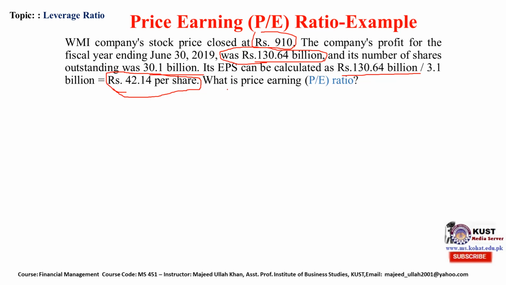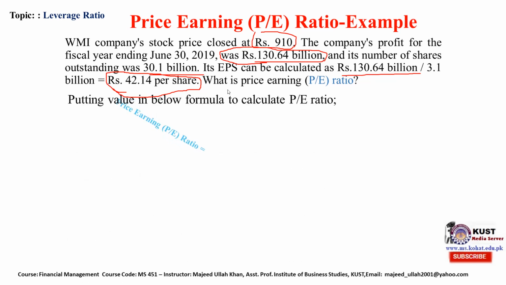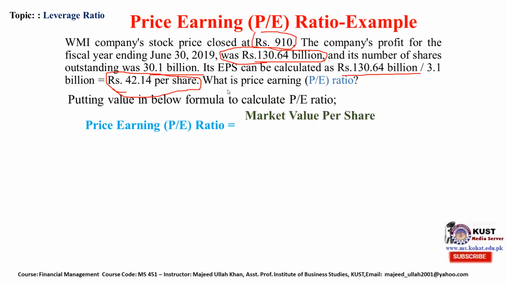Now the price in the market is 910. We will plug the values into the formula below. Price earning ratio is equal to market value per share, which is 910, divided by earning per share, which is 42.14.